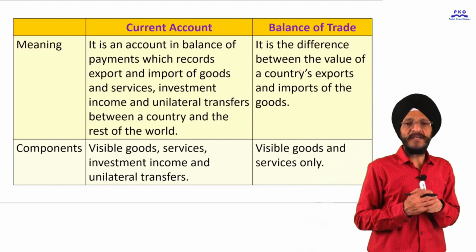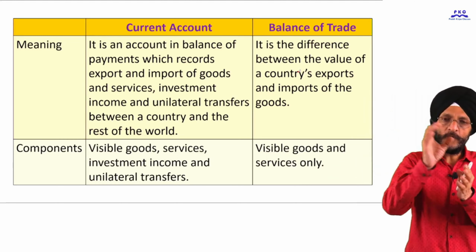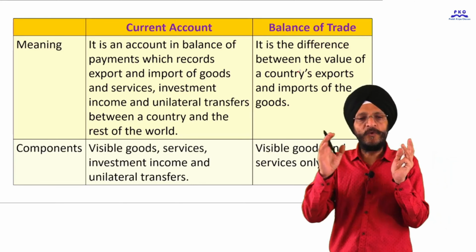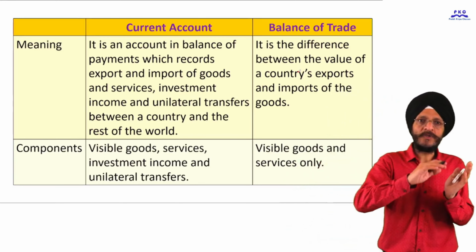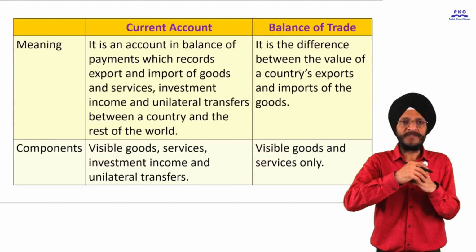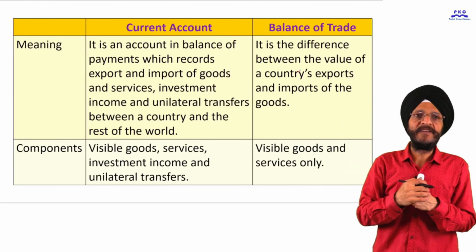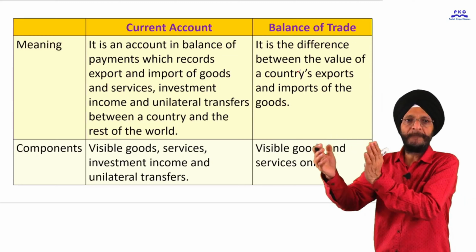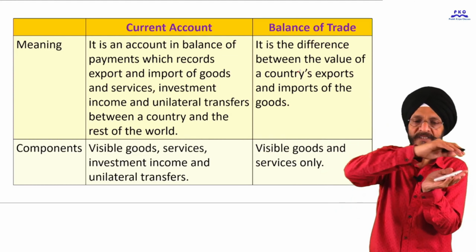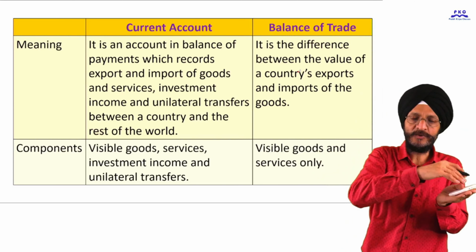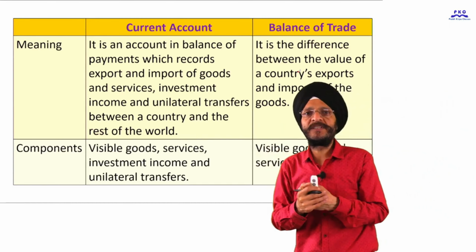Current account is one of the components of balance of payments where we record exports and imports of goods and services, unilateral transfers paid and received, and investment income received and paid. And all these transactions are recorded when they take place between the residents of a country and the rest of the world.